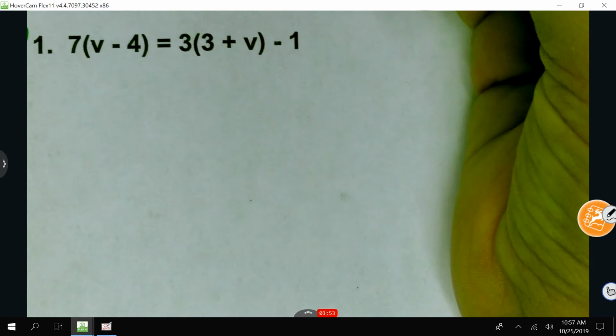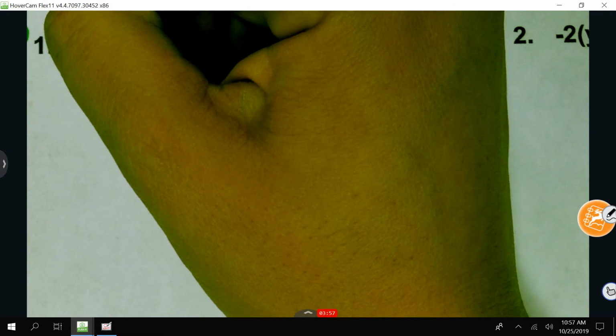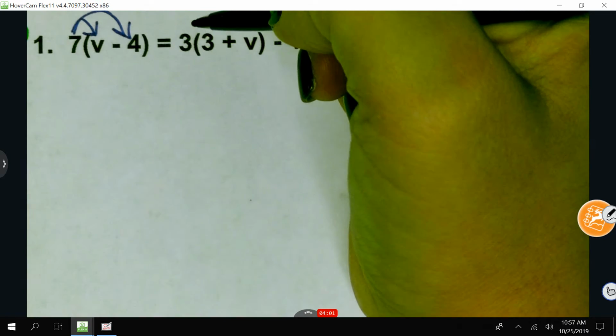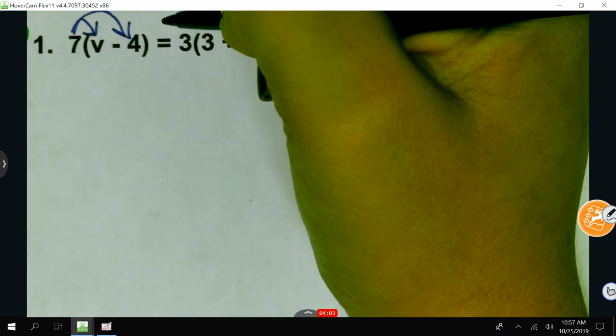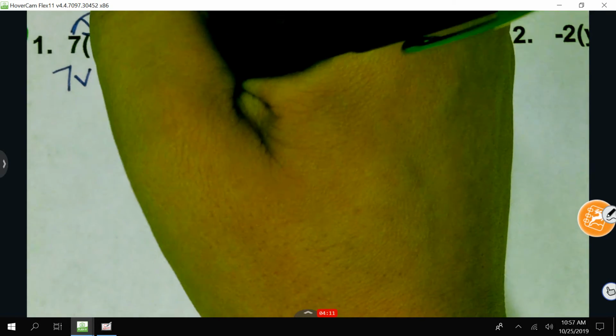What am I distributing on the left? A 7, right? What does it mean to distribute again? What operation am I doing? Multiplying. So 7 times v gives me 7v, and then minus 7 times 4, which is 28.